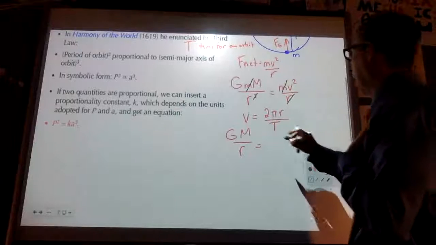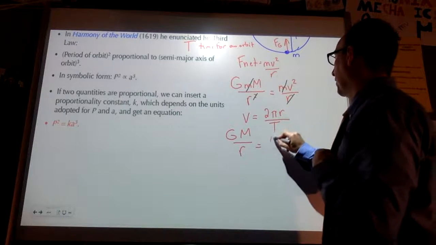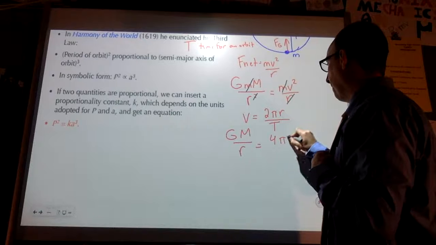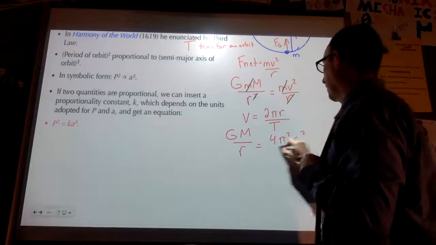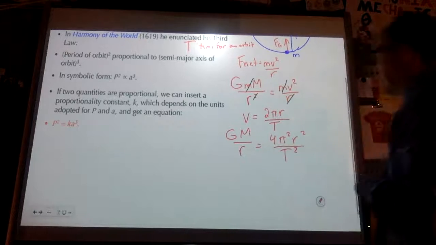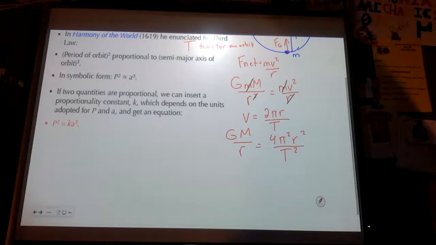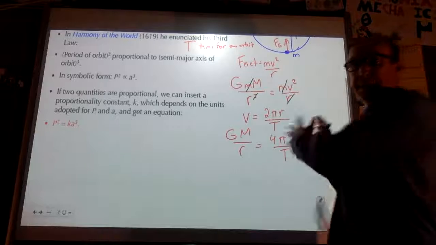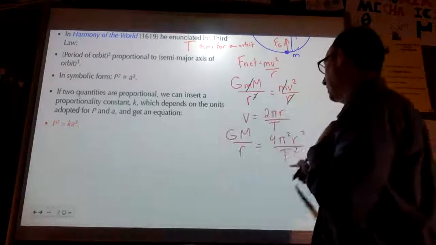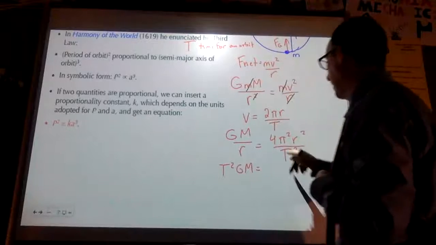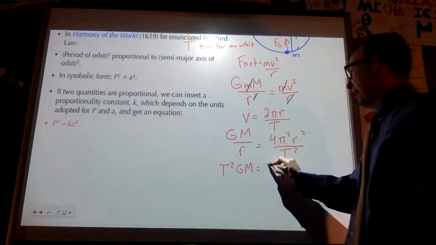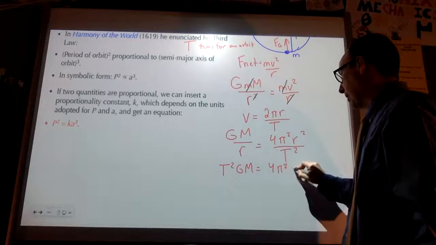On this side, I'm going to have 4 pi squared r squared over T squared. All right, I'm going to get the r's to this side and the T's to that side. So over here, I'm going to have T squared GM, and over here, I'm going to have 4 pi squared r cubed.